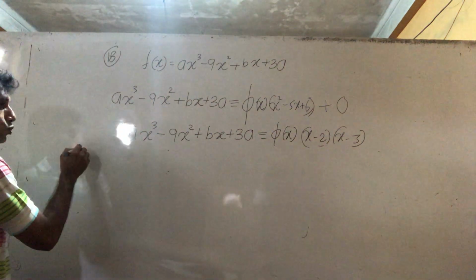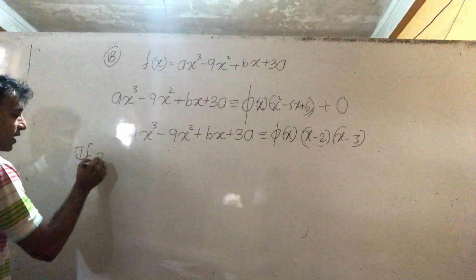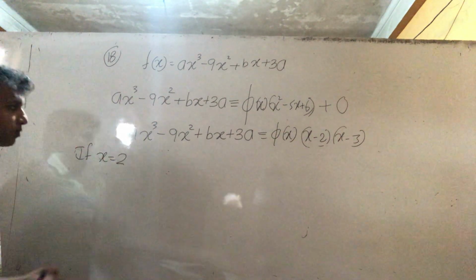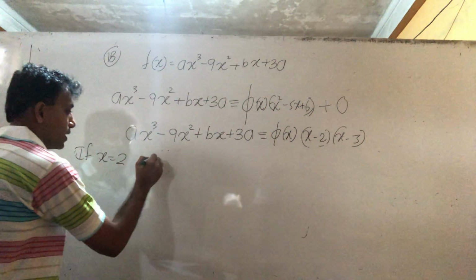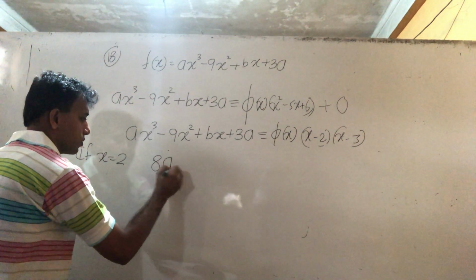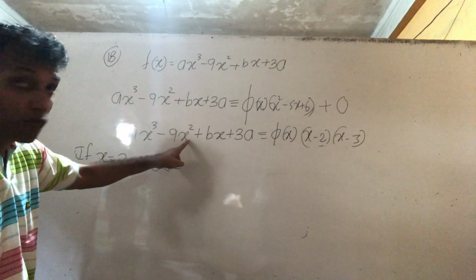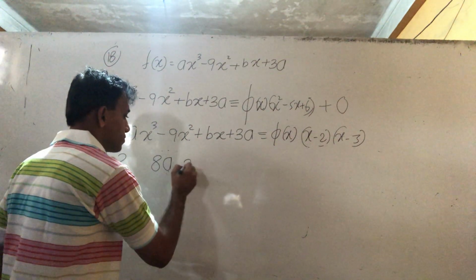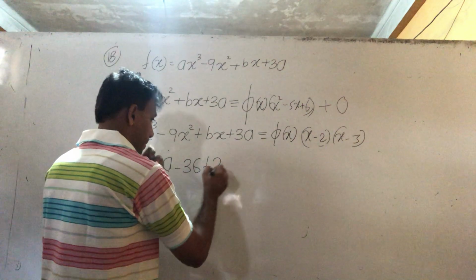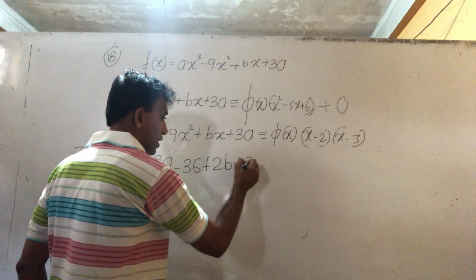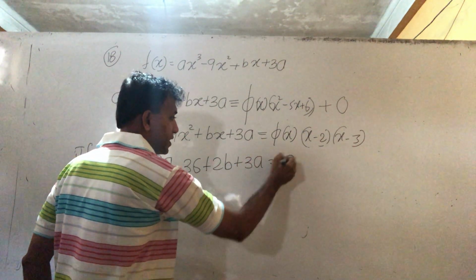So if x equal to 2, put x equal to 2: 2 cube is 8, 8 times a, 8a. Minus 9 times 4, minus 36. Plus 2b plus 3a equal to 0.